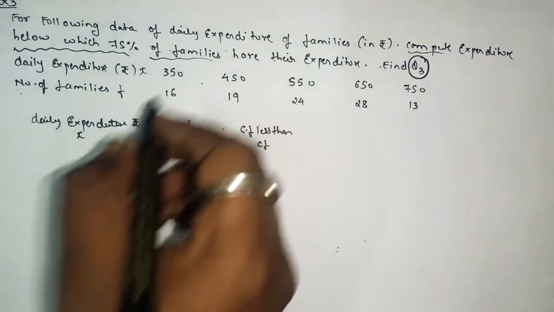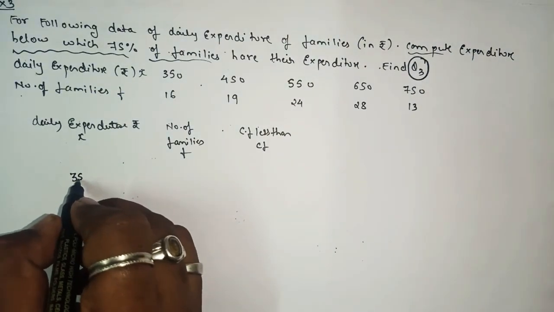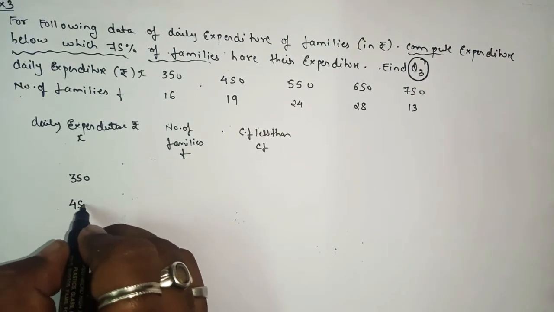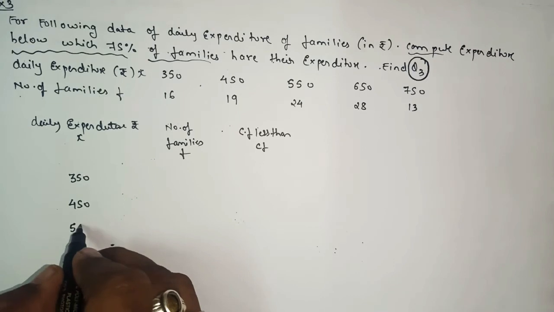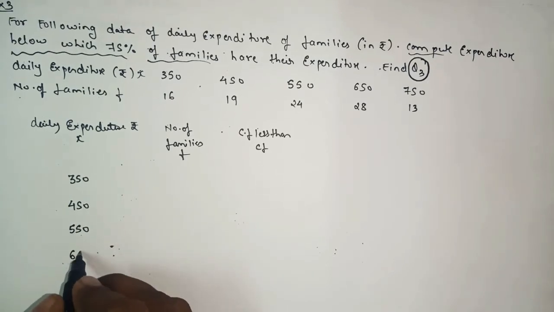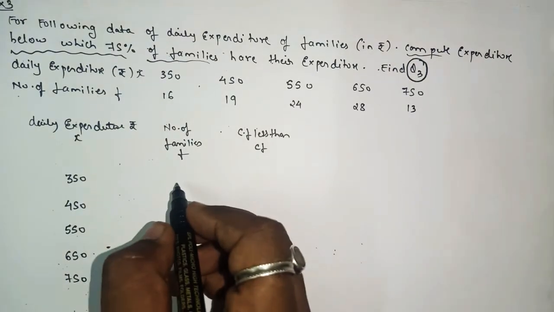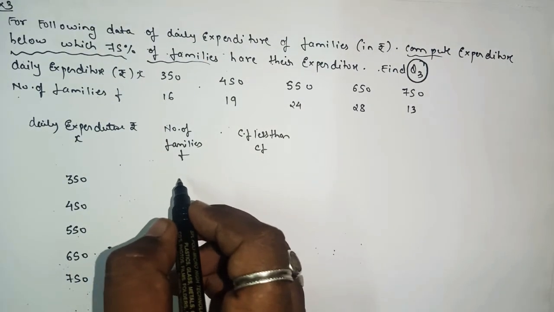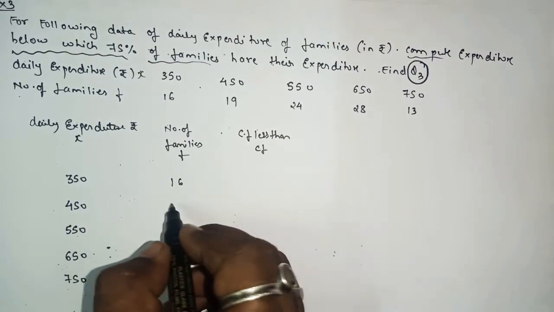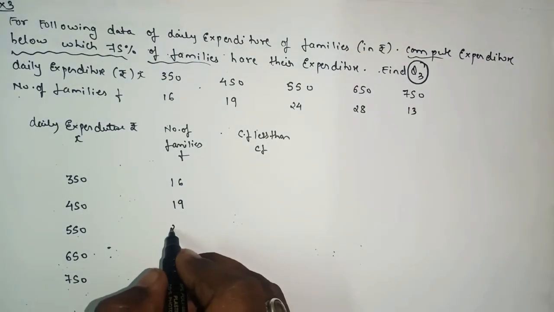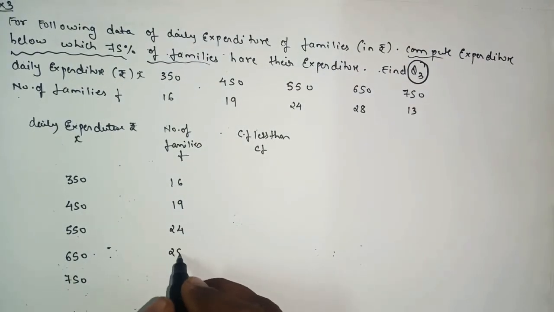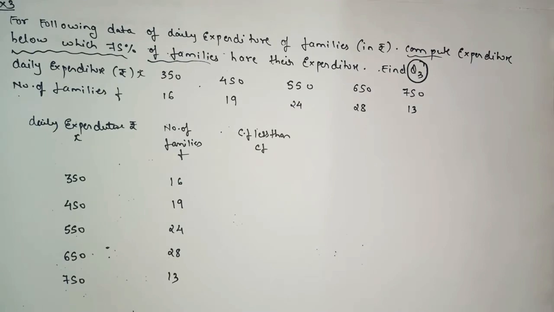So here we have the daily expenditure, that is 350, 450, 550, 650, 750. Number of families are 16, 19, 24, 28 and 13.